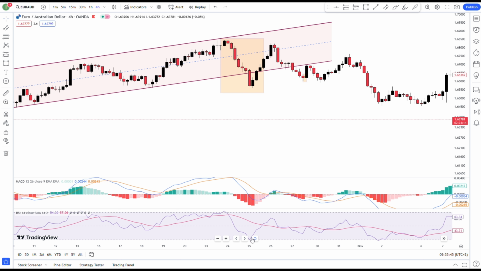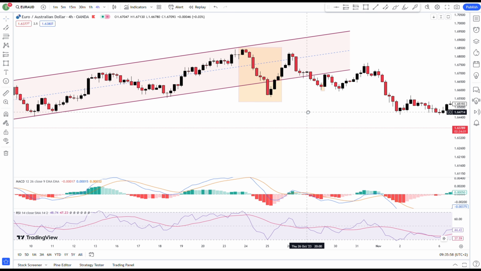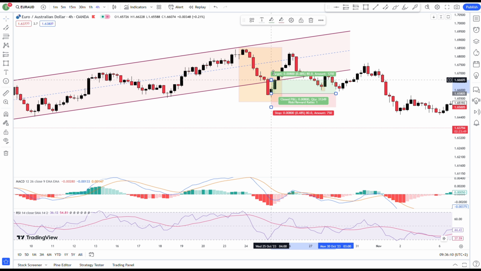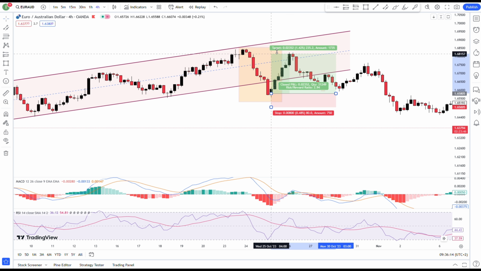It is at the minimum point of the RSI. So this changed to an uptrend for one, two, three, four, five, six candles of four hours. So we can enter a good profit long trade here at this support level.